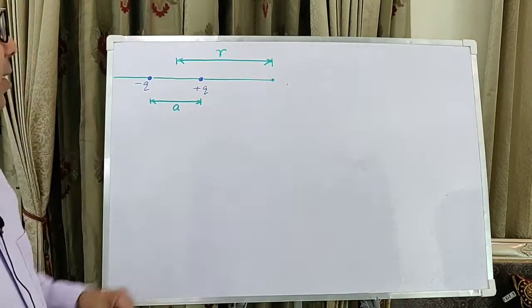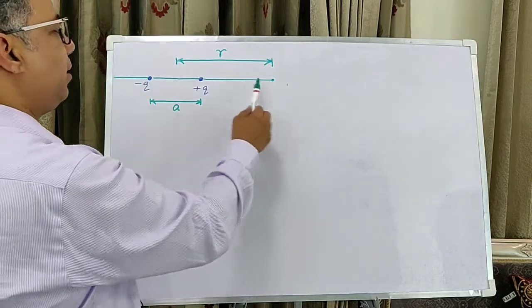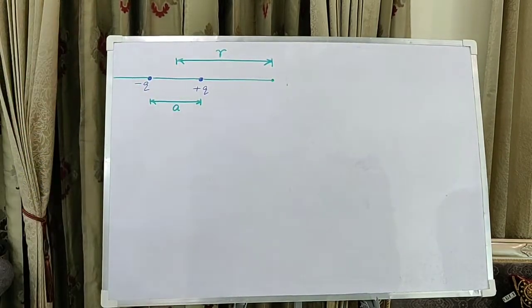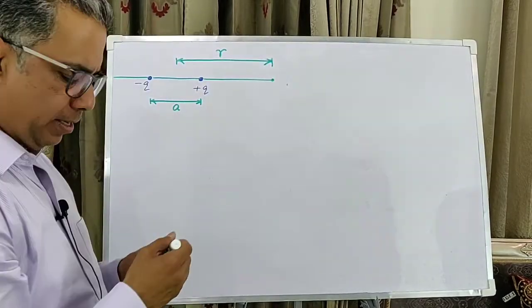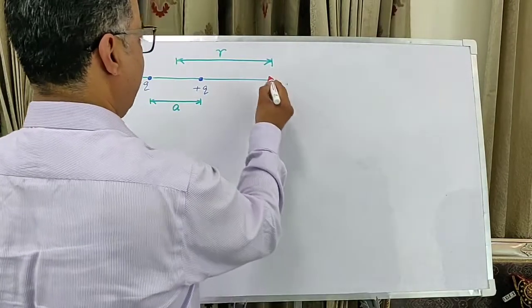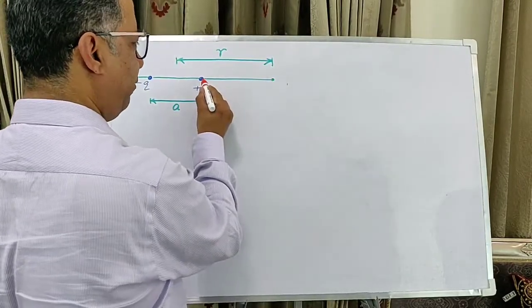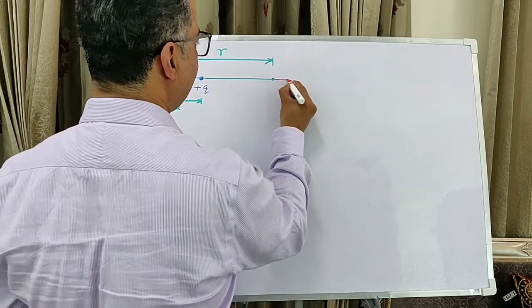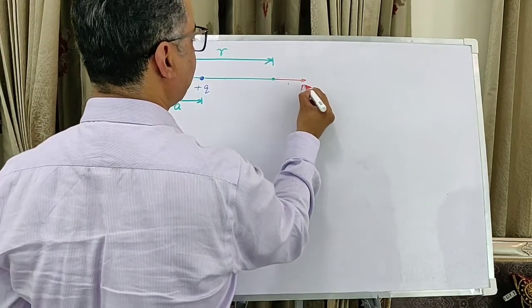So this is a point on the axis of the dipole, or on the axial line of the dipole, and we are finding the electric field here. Now let's say at this point the field due to the positive charge is E plus.